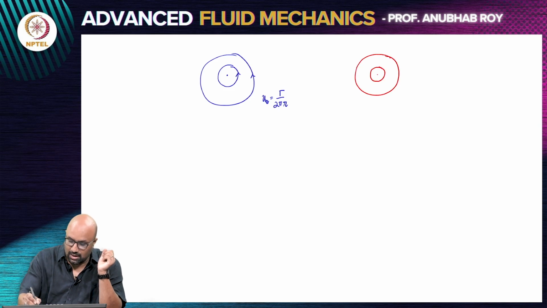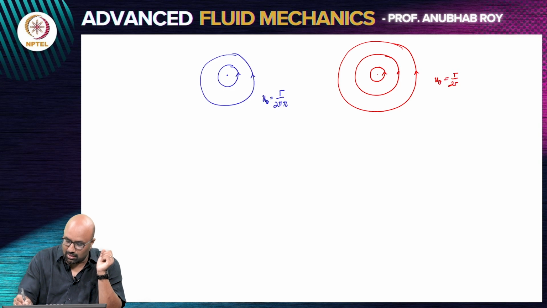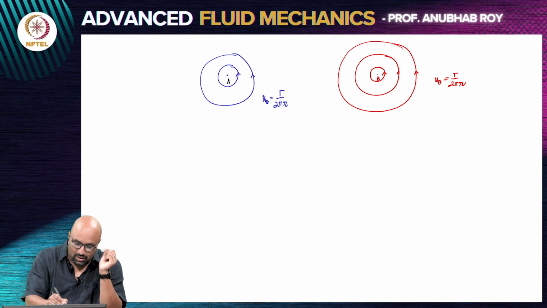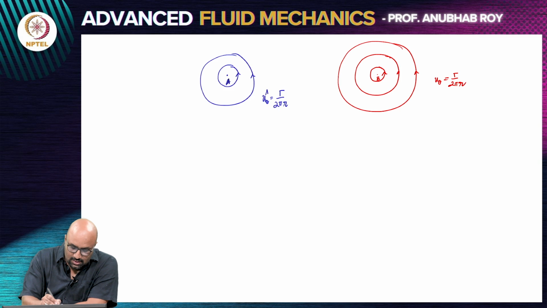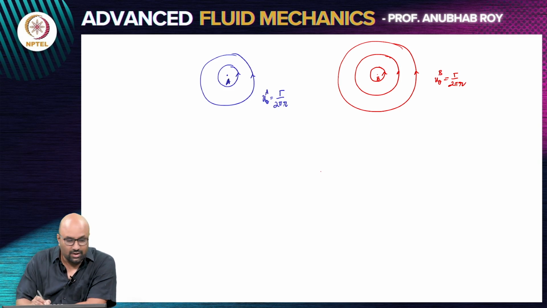So the neighboring vortex is also driving a flow, that is u theta gamma by 2 pi r. Now let me put some labels. Let's call this the vortex B and this as vortex A. So this is the velocity due to vortex A, this is the velocity due to vortex B.